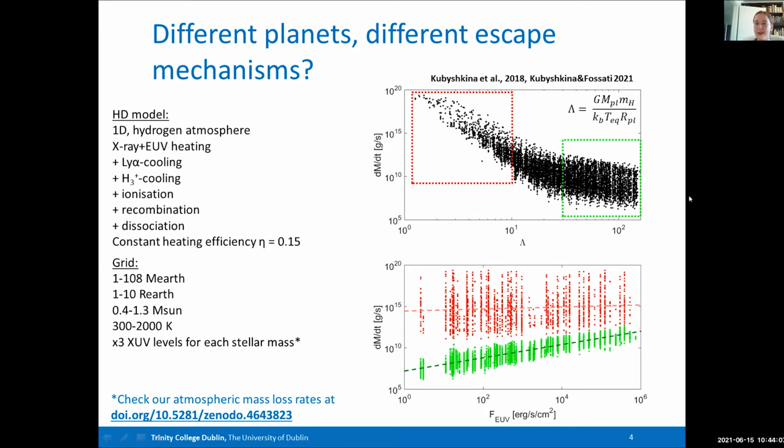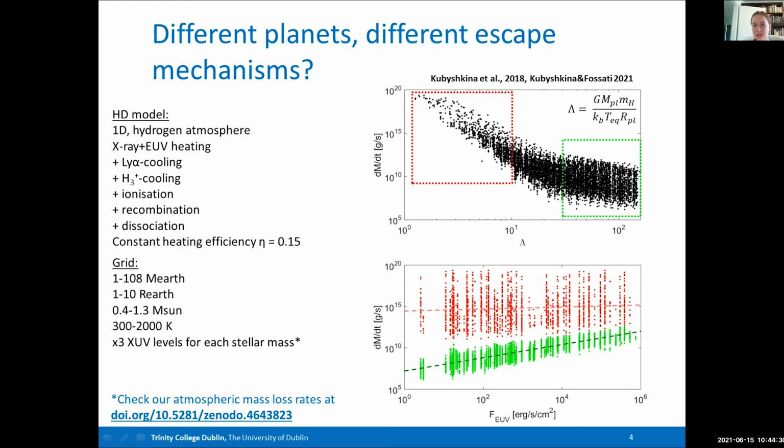So here in the top panel, I show the resulting atmospheric mass loss rates against the generalized Jeans escape parameter, which is shown in the plot. It is technically the ratio of the gravitational energy of the planet to its thermal energy. Each black dot here corresponds to a specific model planet.